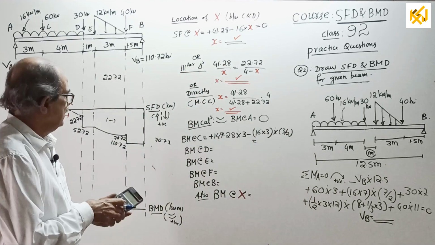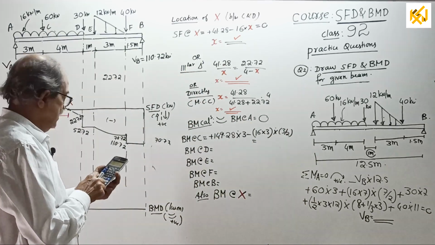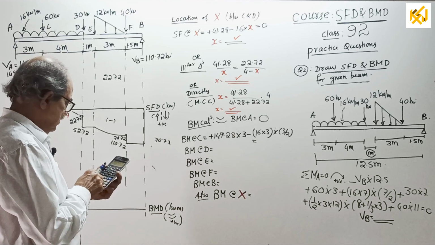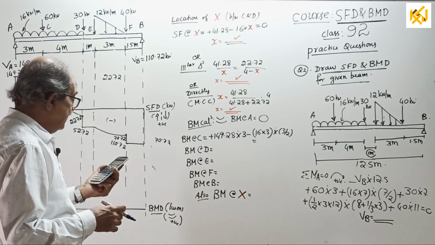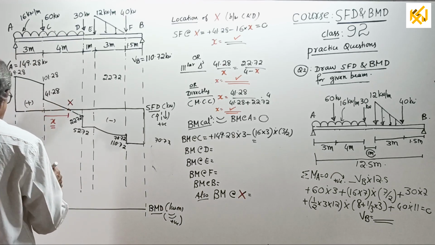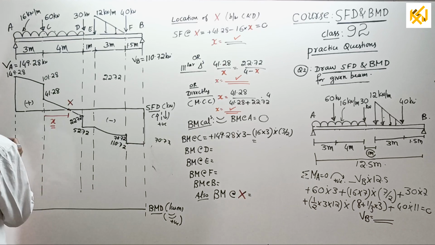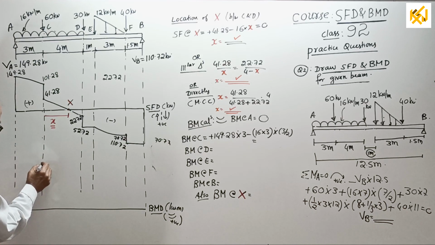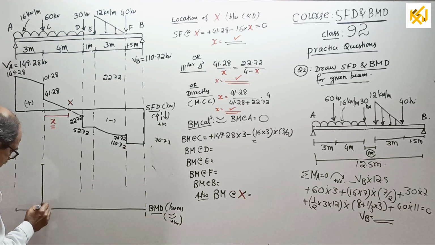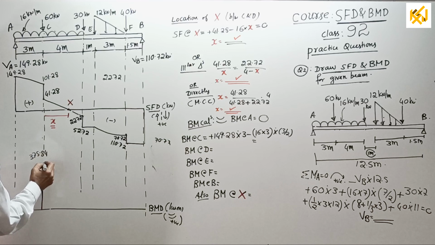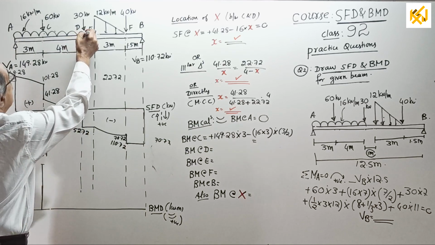That will come: 149.28 into 3 minus 16 into 3 into 3 by 2 will give you 375.84. Where I should write here. See, 375.84. Okay, reasonable space. 375.84.